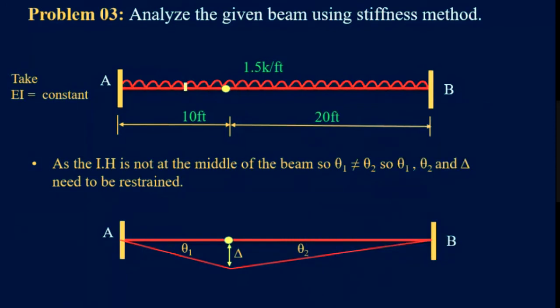Then we have an internal hinge here, and this internal hinge is at 10 feet from support A and at 20 feet from support B.